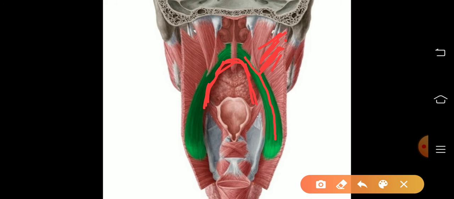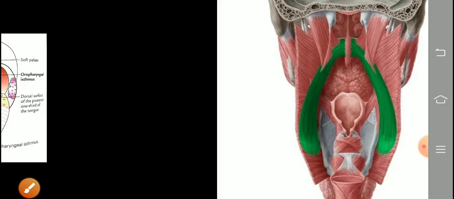It is forming a U-shaped muscular fold in the posterior pharyngeal wall. When a person is swallowing food, this fold goes a little forward.